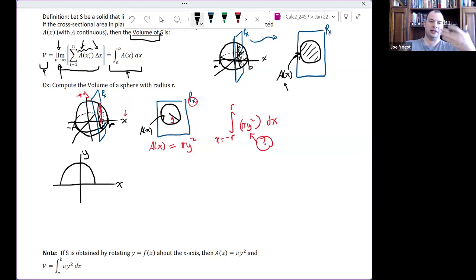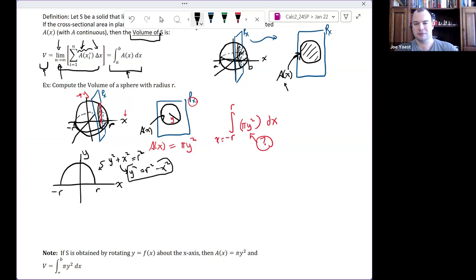If I look at how x relates to y in this kind of xy plane cross section, I have the top half of a circle here, or that's y squared plus x squared equals r squared, or y squared equals r squared minus x squared. And I'm actually not even looking for y specifically, I'm looking for y squared. So that's all I need.